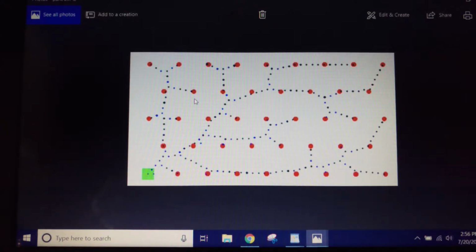Remember from the previous video that the randomness built into the program will give you a different layout each time the program is run using the same input data. This is another example of a layout. This actually has the same trenched length of blue dotted lines of 408 as the previous example did.